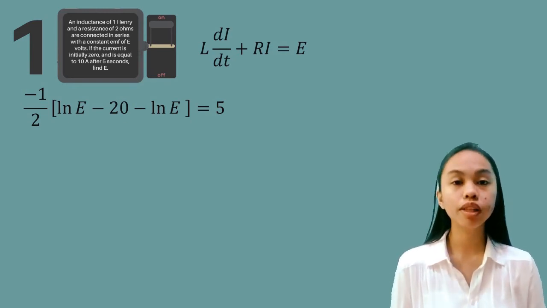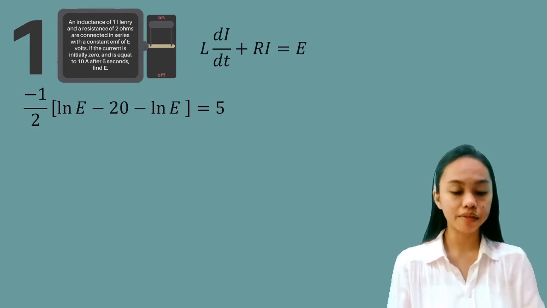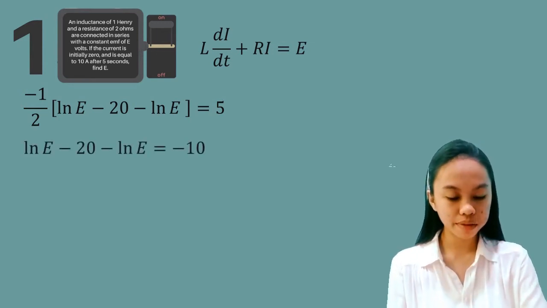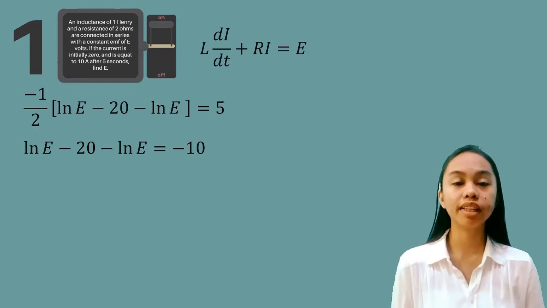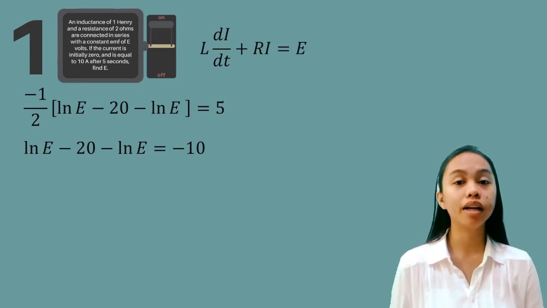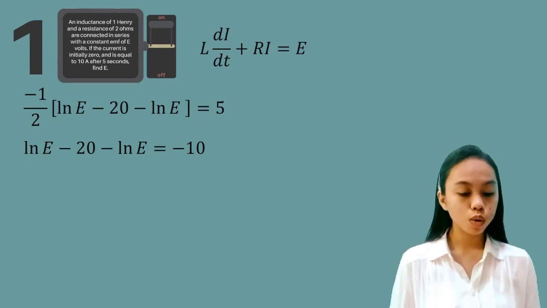So in the equation negative 1/2 times open close bracket ln e minus 20 minus ln e equals 5, we will multiply negative 2 to be able to get rid of the negative 1/2. So if we multiply negative 2, we will be left with ln e minus 20 minus ln e equals negative 10. So following the properties of natural logarithm, we know that if there is a difference of 2 ln, the minuend will be the numerator and then the subtrahend will be the denominator.